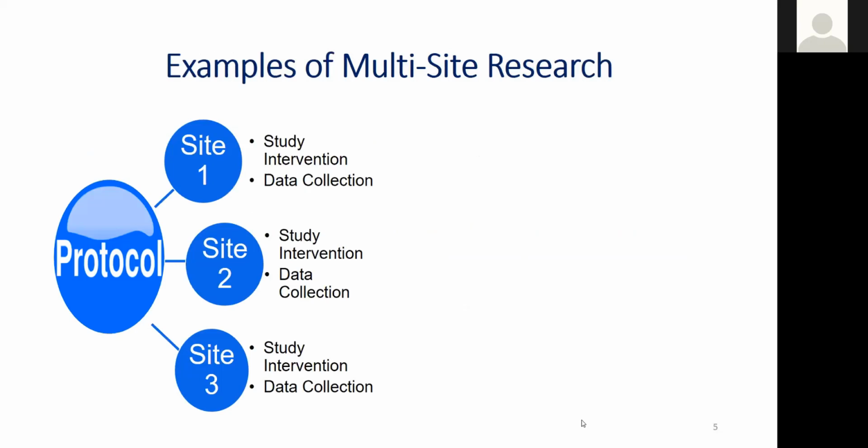So examples of multi-site research projects may be a project that is in the model of a typical clinical trial, for example, where there is a study intervention and data collection at 3 different sites, and each site is conducting essentially the same research activities.